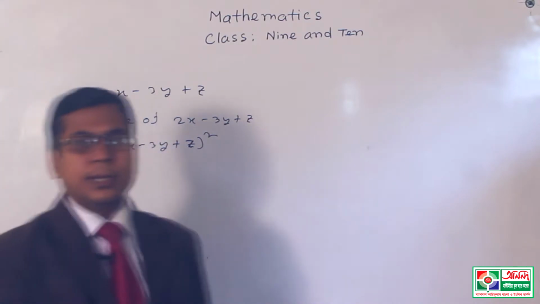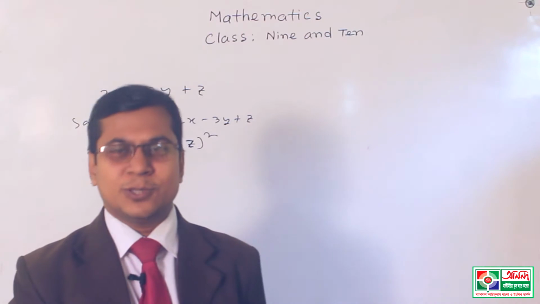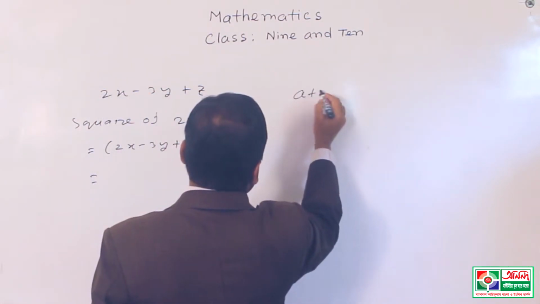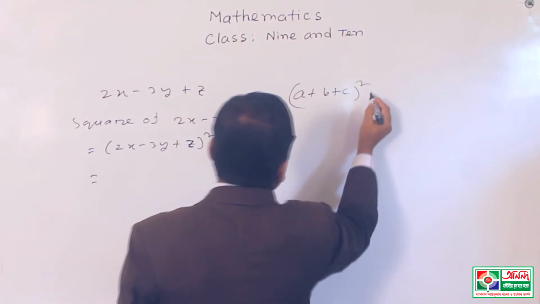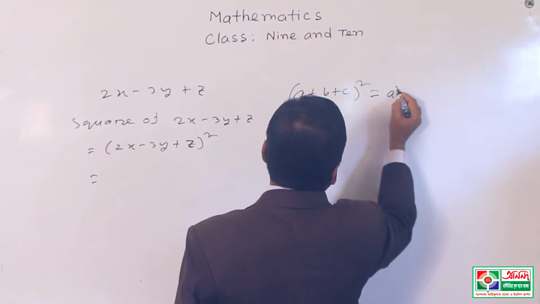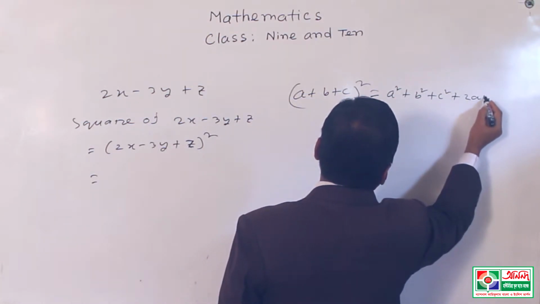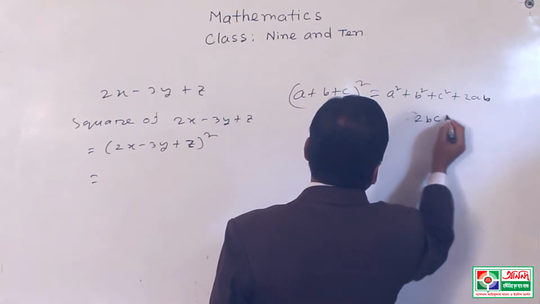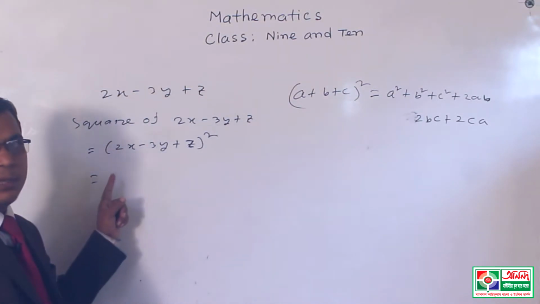We know (a plus b plus c) whole square equals a square plus b square plus c square plus 2ab plus 2bc plus 2ca. Look at, I will write the formula: (a plus b plus c) whole square equals a square plus b square plus c square plus 2ab plus 2bc plus 2ca.